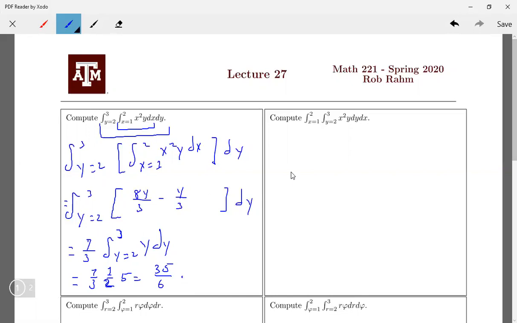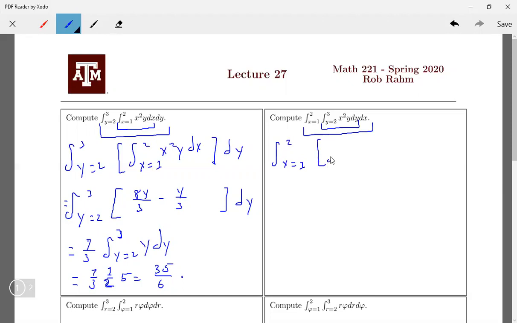Now we're going to do this next integral. Now notice that this integral is similar to the first integral, but the order of integration is different. So now the y integral is the integral on the inside, and the x integral is the integral on the outside. The process will be similar. So we're going to forget that the outer integral exists.